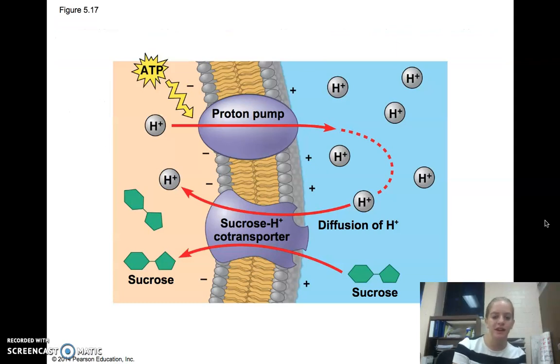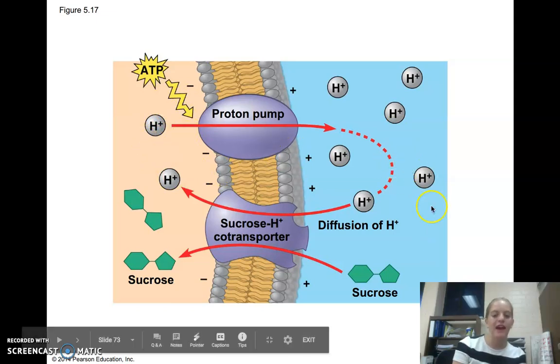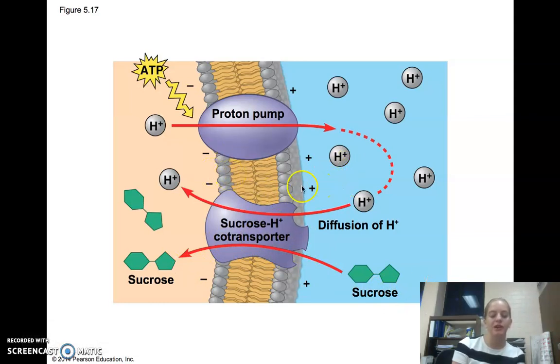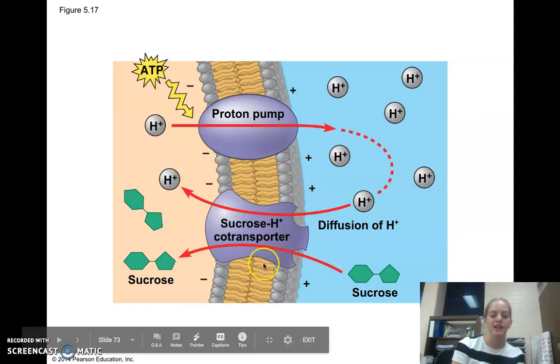So you can see here the plant has the hydrogen ion, the proton pump working, and that is also powering this sucrose co-transporter moving sucrose into the cell. So the change of these concentrations of the protons or the hydrogen ions is allowing this co-transporter protein to move sucrose, table sugar, inside the cell.